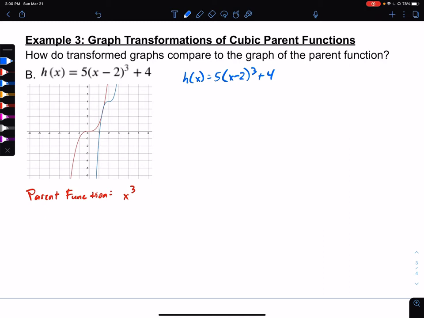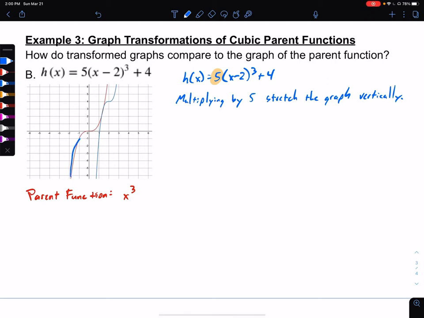We talked about the parent function down here, and let's look at each individual piece. The order is not going to be too important, but I'm just going to go left to right and start with the 5. Hopefully from previous lessons, they were a while ago, but we want to remember that since that 5 is greater than 1, multiplying by 5 is going to stretch our graph, and it's going to stretch it vertically.